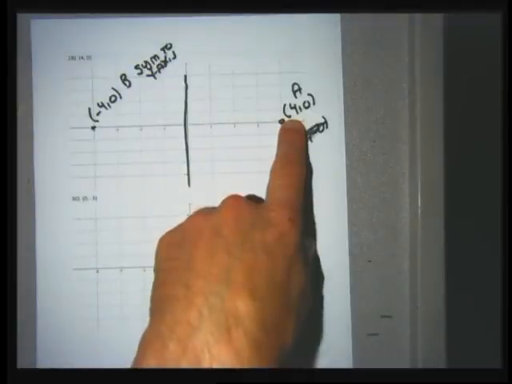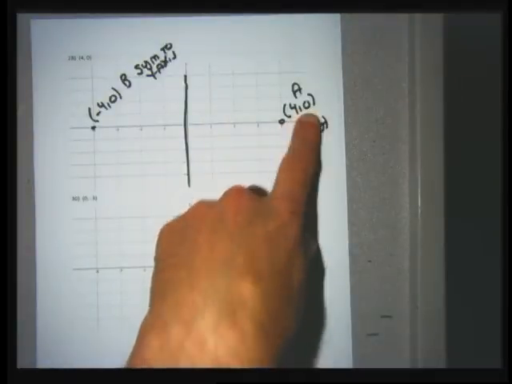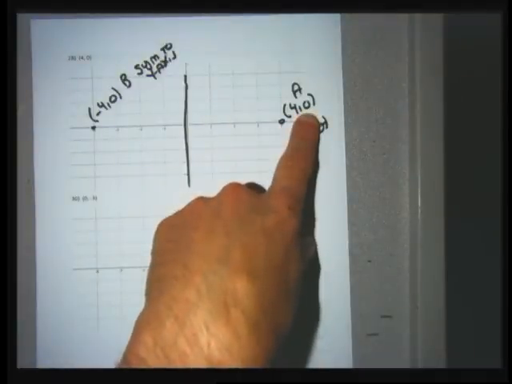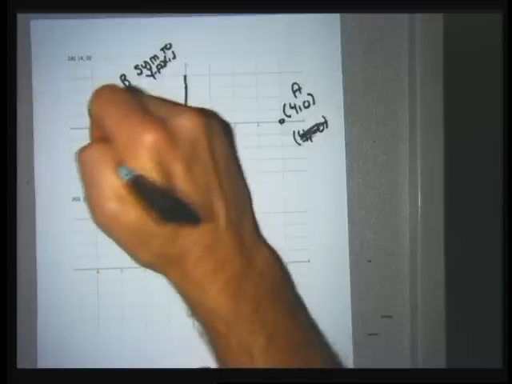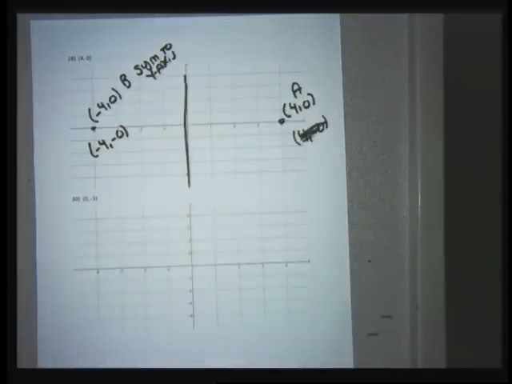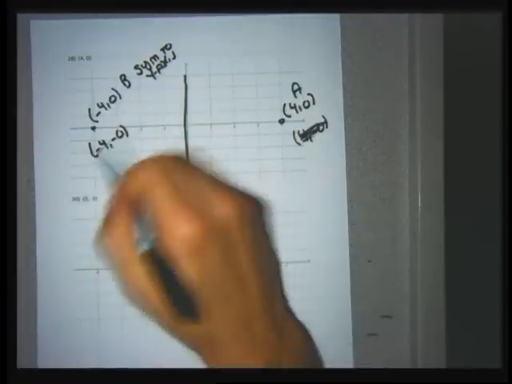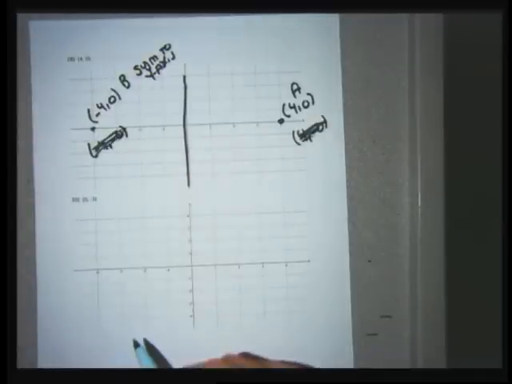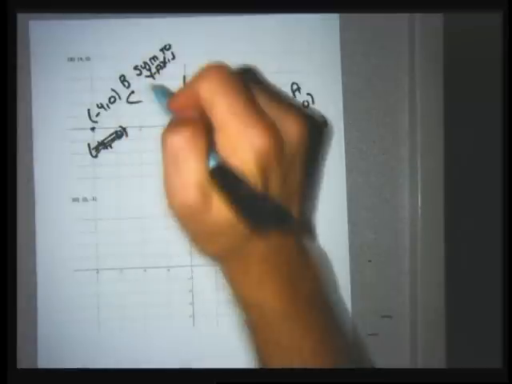The x goes from +4 to -4. The y goes from 0 to -0. Technically, I'm supposed to plot the point -4, -0, but -0 and 0 are equal to each other, so I'm not going to write that as -0. I'm just going to write it as -4, 0.